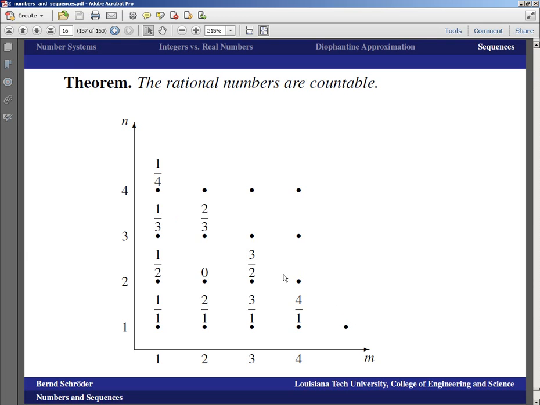Then we would have 4 over 2, and 4 over 2 is 2, which we already have counted, so we would say -2 here. 3 over 3 would give us 1, and we already have that, so we could say -1. And so we would just keep on counting, and as long as we find a new positive fraction, we put that in the sequence.